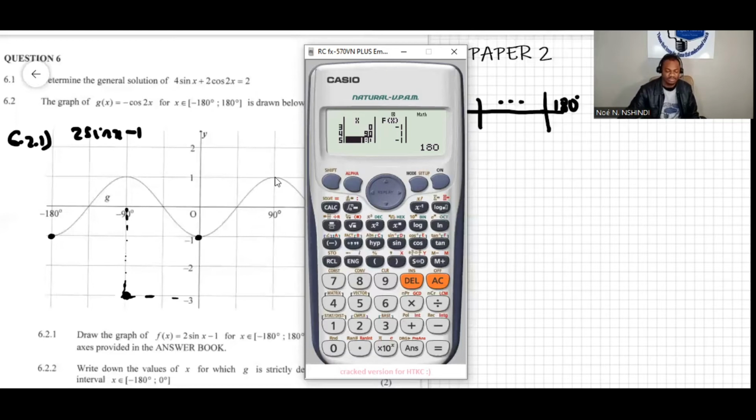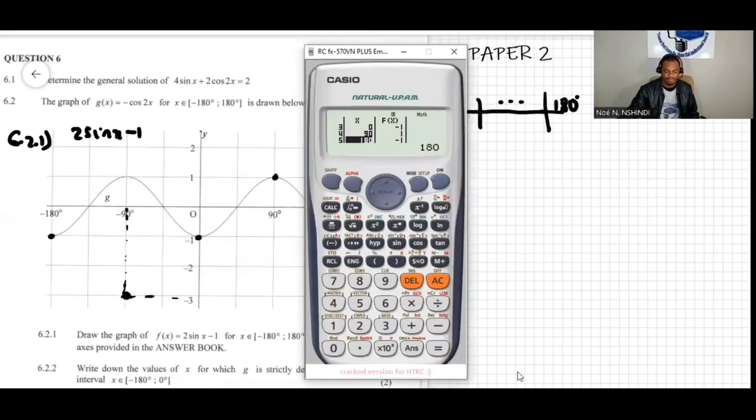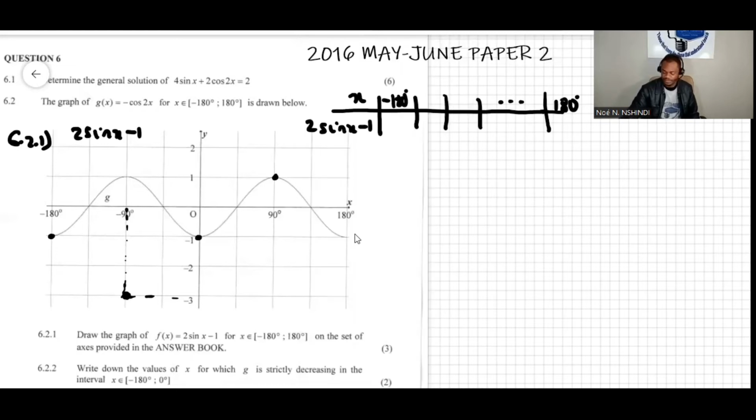Meaning at the point of intersection, it's going to be 1 here. When x is 180, f of x is -1. So when it's 180, it's -1 there. Let me change the color so we can see the difference. So we have this point, that point.